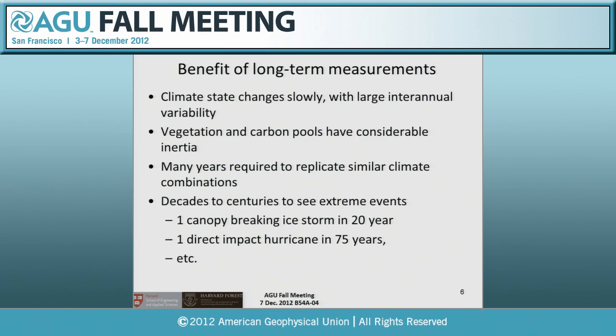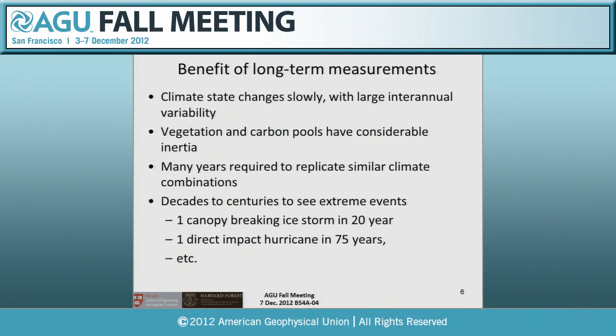If you just measure for a little while, you might not see anything happen. And the same combinations of wet and warm or cold or the timing of anomalies, it takes a while to see more than one of those. If you just get one event, you say, oh, well, such and such a thing happens when we get a warm spring, but you need several warm springs to be really sure.